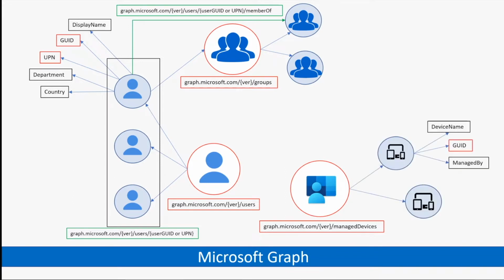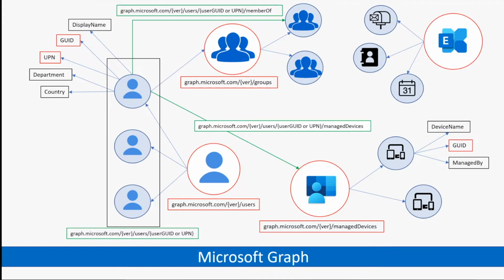Now a user may have devices enrolled as well, and similarly the devices will have their own entities and properties. This is where the user relationship comes in with the devices, and the same way there will be Exchange entities, and all of it forms a graph of relations. And this is how you establish a Graph API.